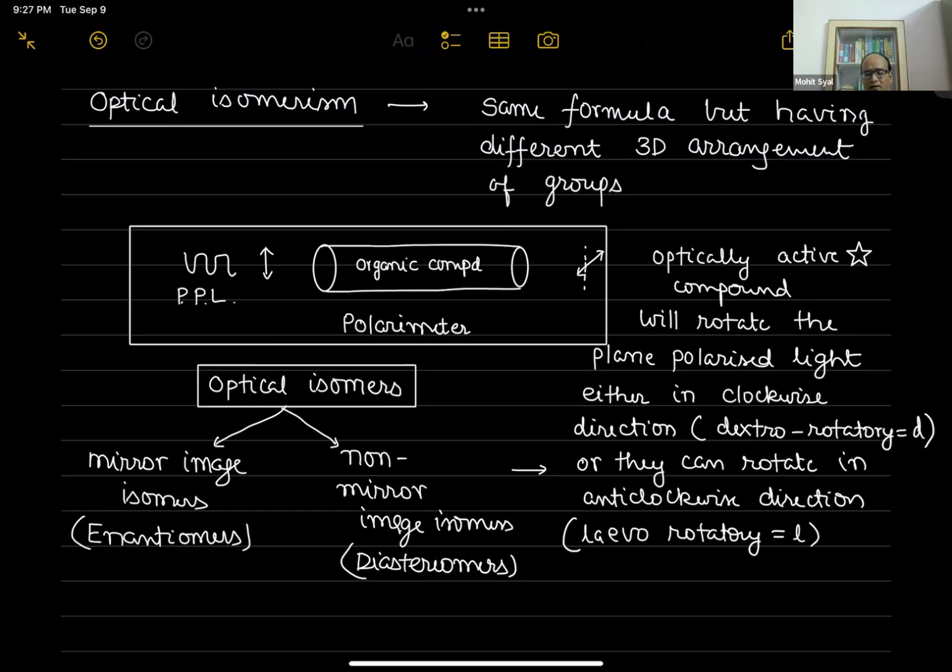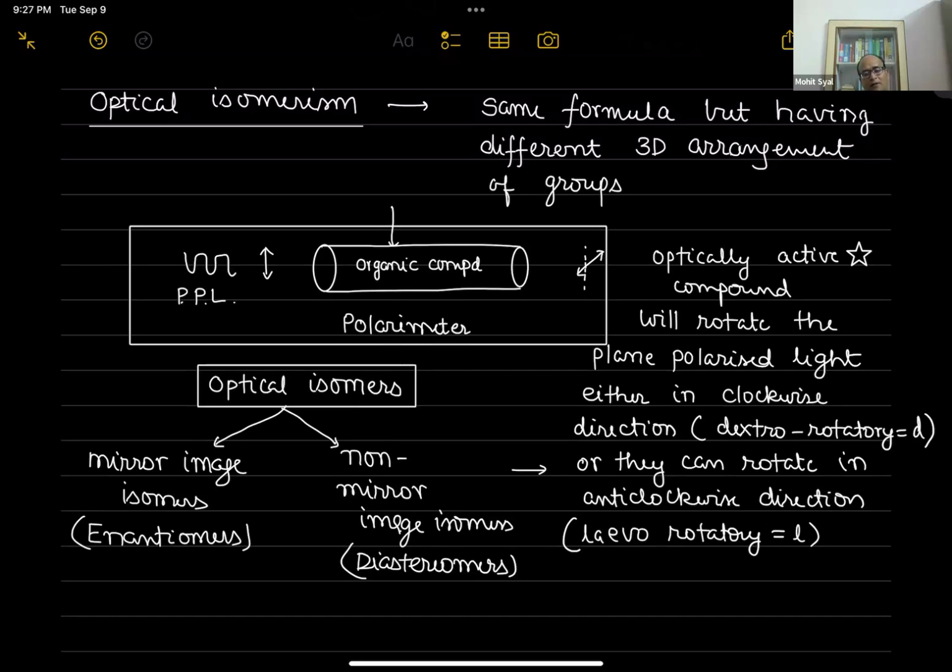We just need to put that compound in a glass tube, switch on the lamp, and check whether the plane of polarized light has been rotated or it is just the same. If it is just the same, it is an optically inactive compound. If it gets rotated in the clockwise direction, that is dextrorotatory. And if it rotates in the anti-clockwise direction, then it is a levorotatory compound.